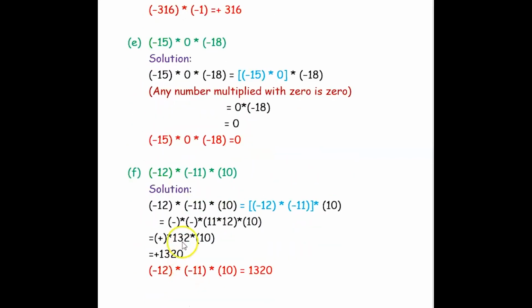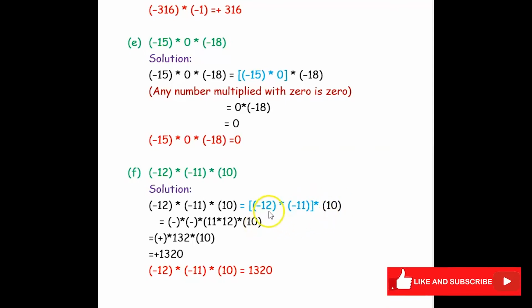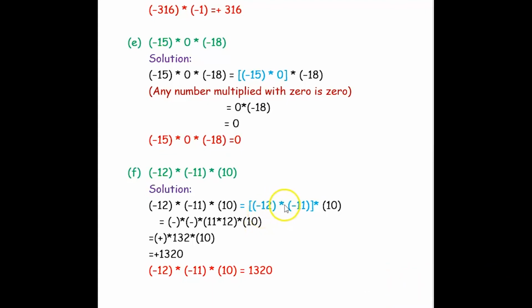Next question is negative 12 into negative 11 into 10. So, now by using the associative property, I am first associating negative 12 and negative 11. So, I am putting it in a parenthesis: negative 12 into negative 11, into 10. So, first I am going to do the operation with the integers inside the parenthesis. So, here I have negative 12 and negative 11.